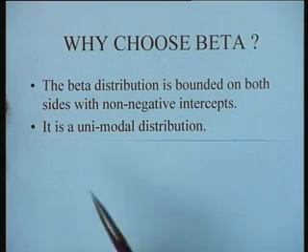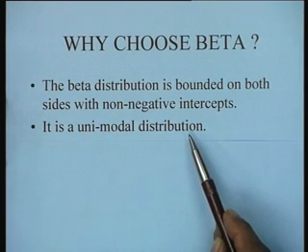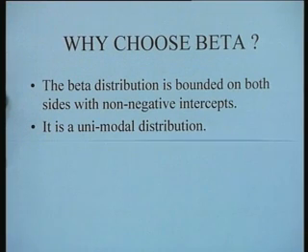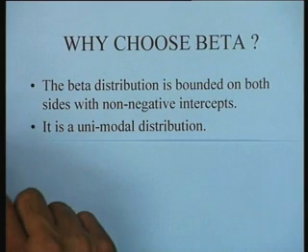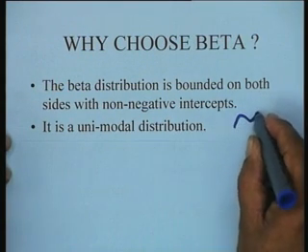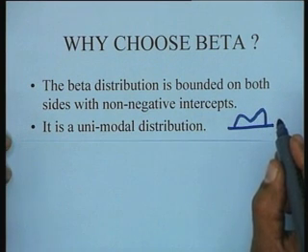The second thing is that it's a unimodal distribution. It's a distribution that has a single mode. It doesn't have multiple modes. What would a multimodal distribution be like? For example, this is a bimodal distribution if we had a distribution like this.